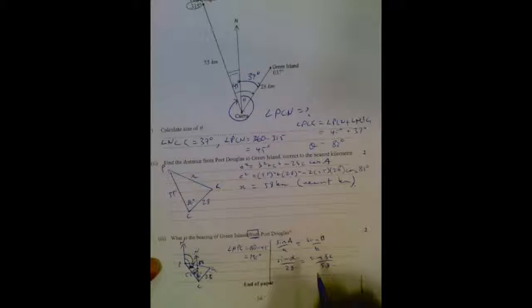You work that out, so sine alpha is equal to 28 sine 82 over 58. When you plug that into your calculator, you get alpha is equal to 29 degrees to the nearest degree.